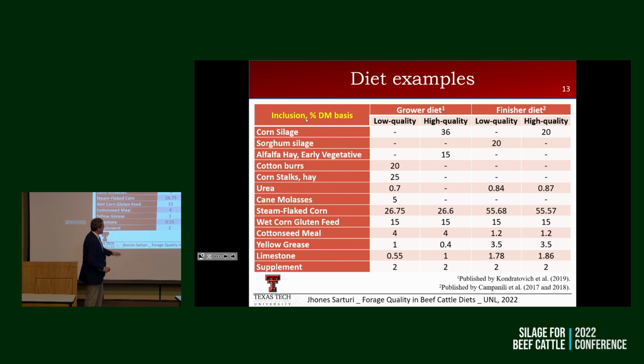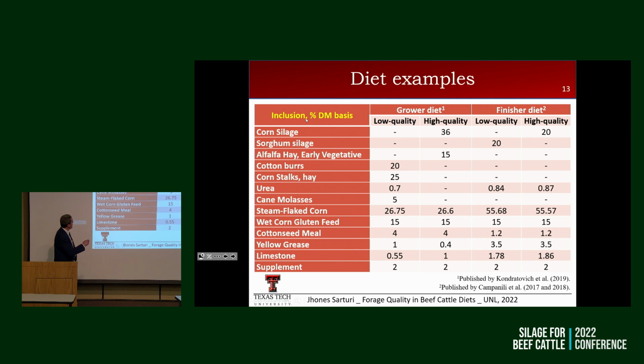I'll go over them individually, but I was playing with this high and low quality in these experiments, with high quality including corn silage, or including good quality alfalfa hay, not the kind of alfalfa hay that we usually try to feed cattle in the Panhandle. This would be good quality alfalfa hay.